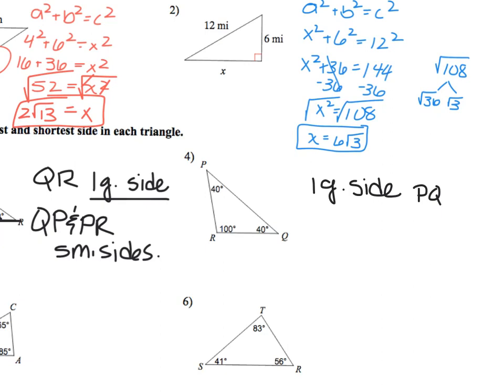And for the smallest side, there's another tie. That would either be RQ across from that 40, or you could say PR across from the other 40.